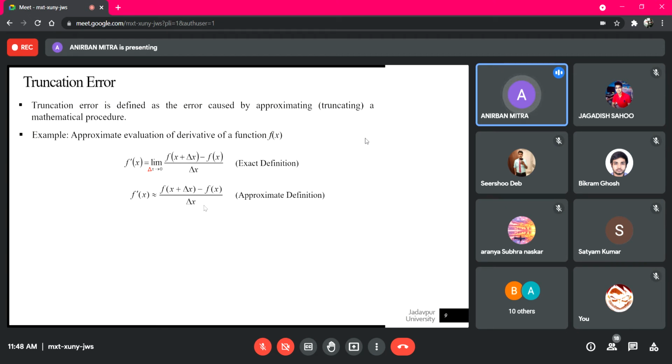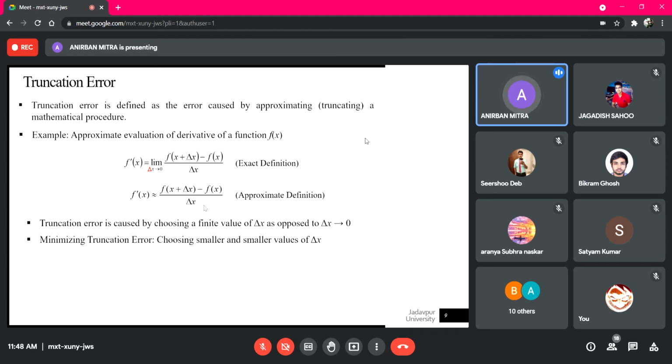And due to that approximation, some truncation error is going to be incorporated in the approximate solution. As you can see here, truncation error is caused by choosing a finite value of delta x as opposed to the exact consideration of delta x tending to 0.